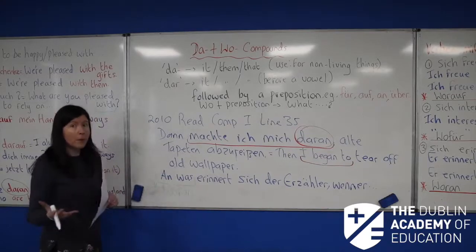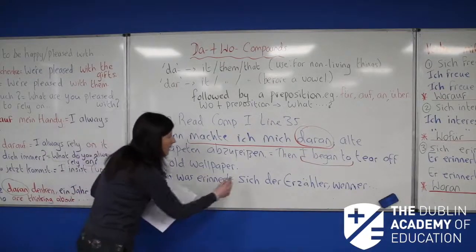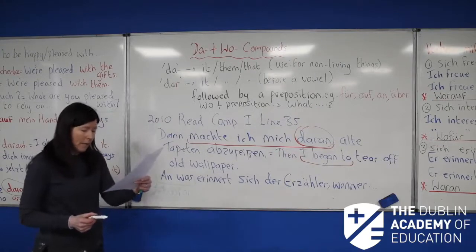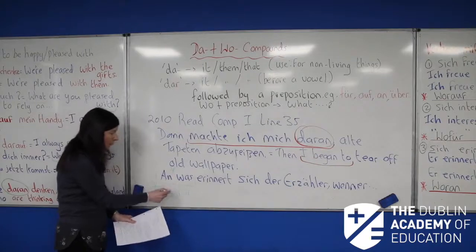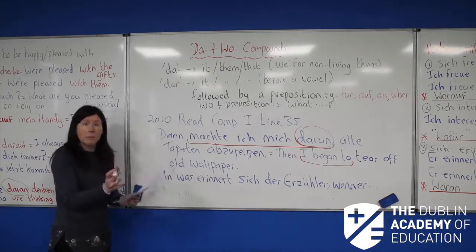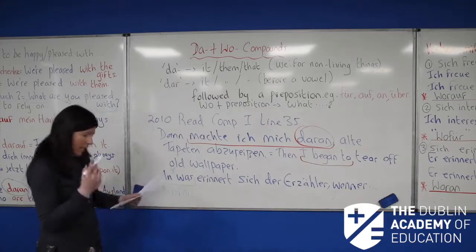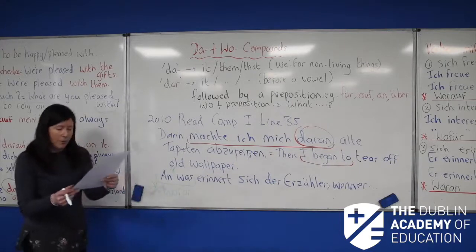So it could come up, you never know, in this year's paper. Woran erinnert sich der Erzähler, wenn an Weihnachten bei der Oma denkt? So voran and an was are the same, essentially, okay? What does the narrator remember if or when he thinks of Christmas at his grandmother's, okay?